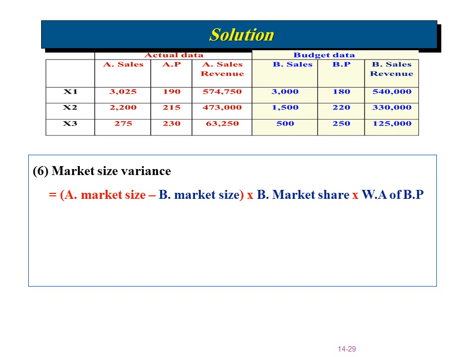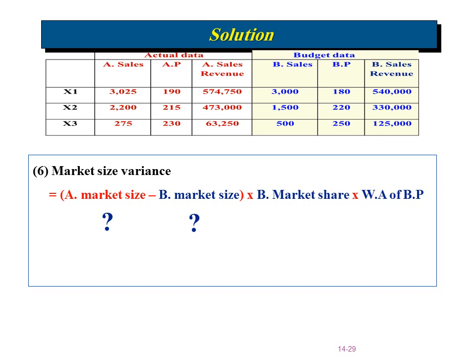Again, market size. Here I have a new equation to calculate the market size variance. I need 4 kinds of information. I need actual market size, for my industry, for my community, and budgeted market size.